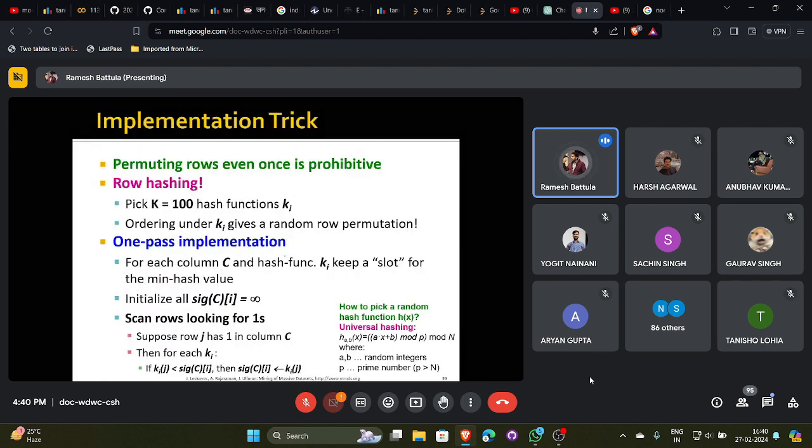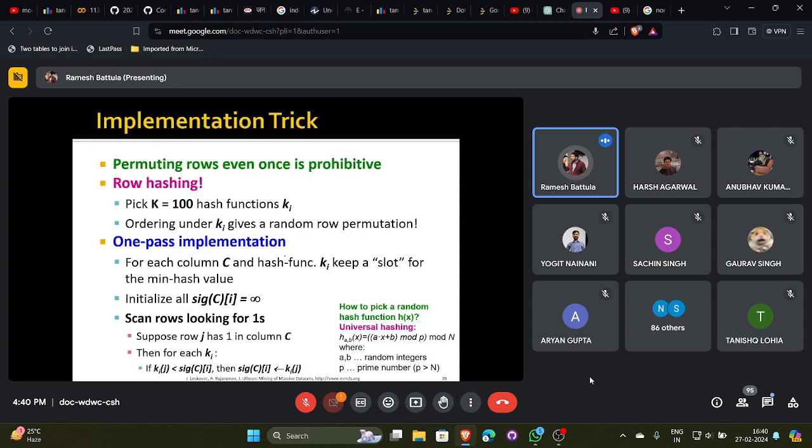Now, there is an implementation trick. What is the implementation trick? Permuting rows even once is prohibitive. That means row-wise hashing needs to be performed, so you pick k hash functions, and for each k you give a random row permutation.